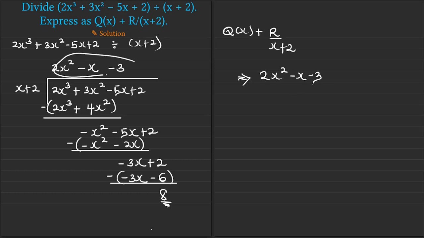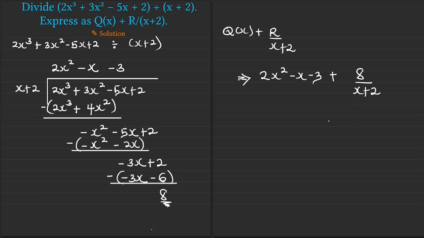This here is our quotient, what you have on top. Then plus our remainder, so 8 over x plus 2. As simple as that. That is our final answer.